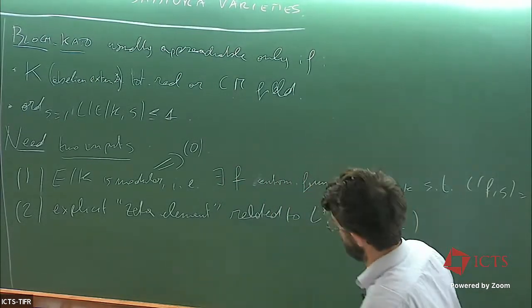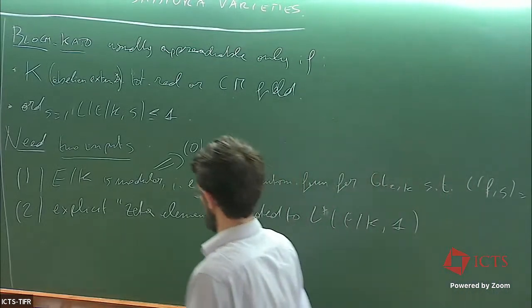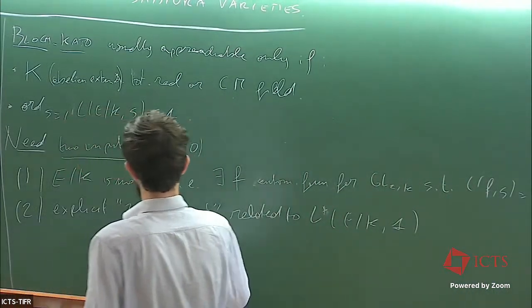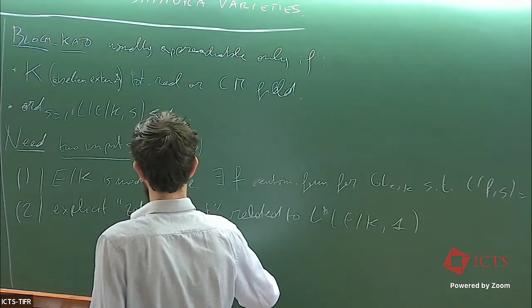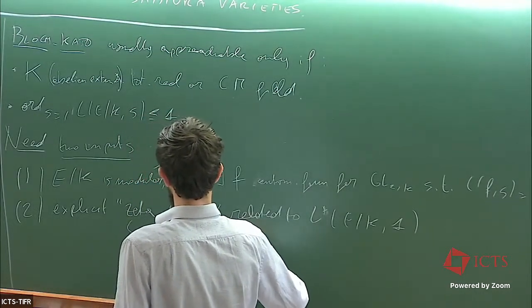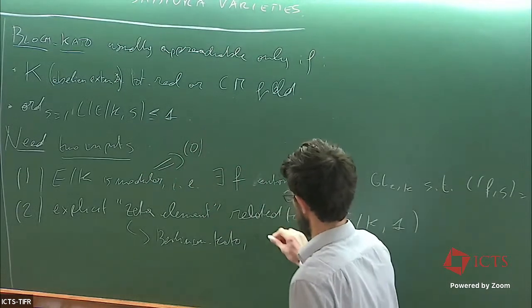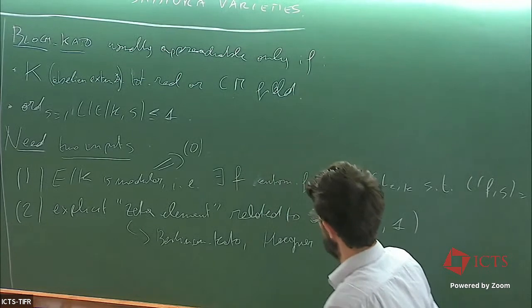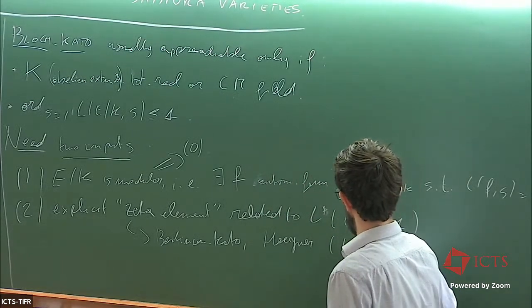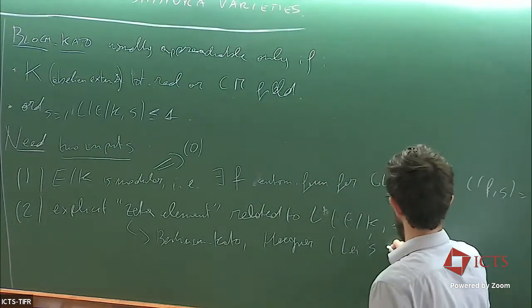Again, we have seen a lot of examples throughout the conference, so maybe we mention two classical ones, which is Kato's zeta element. And for us, it will be more important actually, that's Heegner points, as I will explain later. And I think this was discussed in great detail in Antonio Lei's lectures.